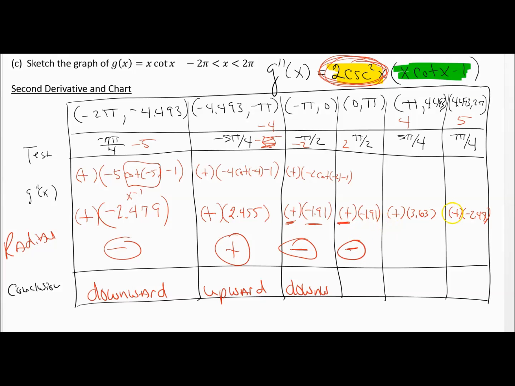By now you know what I'm doing, so I plugged in 4, I plugged in 5. Positive times positive is a positive, and positive times negative is a negative. What does that mean? We are down on that interval, we are up on that interval, and we are down on that interval. Phew! Now what we want to do is put all this information together, and it is a lot, to see if we can come up with a reasonable looking graph.